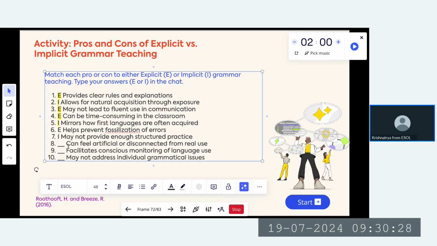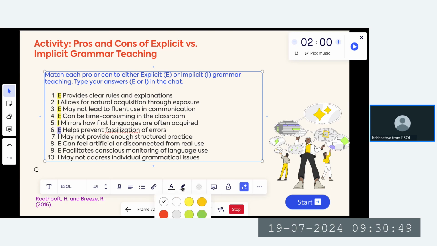Next is explicit, explicit, and sorry, 8 and 9 are explicit, my apologies, and 10 is implicit.